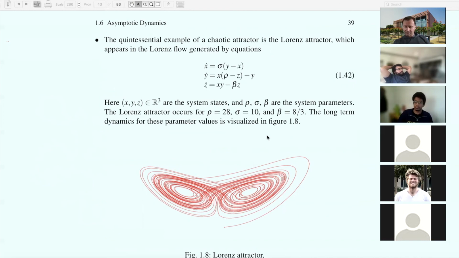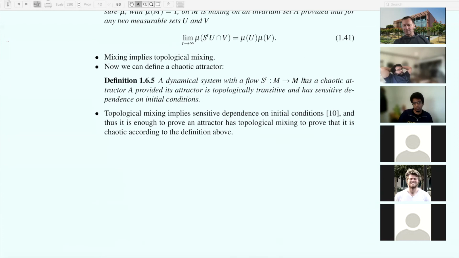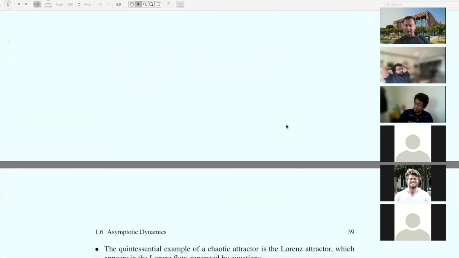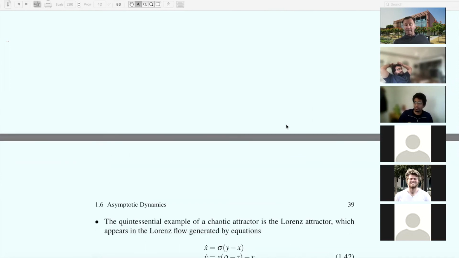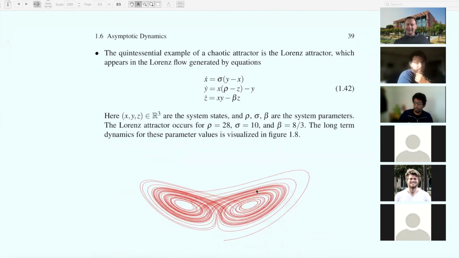The Lorenz attractor was discovered in 1963, but that's the way the chaoticity was proven for the Lorenz attractor ultimately. Until then, we had, of course, a computer-assisted proof. What is interesting is that in order to prove that, they actually had to argue the non-existence of a Koopman operator eigenfunction.